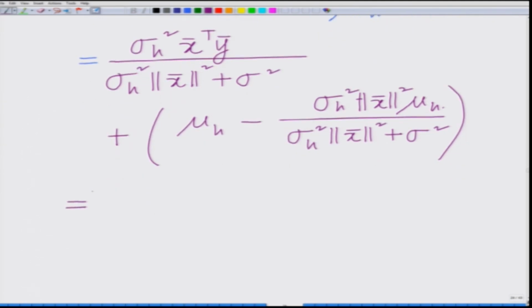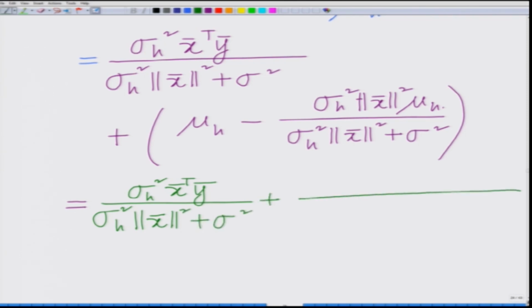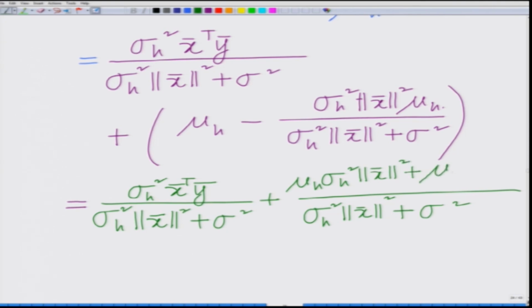When we simplify this, what we have is sigma h square x bar transpose y bar divided by sigma h square norm x bar square plus sigma square, plus, divided by sigma h square norm x bar square plus sigma square, mu h into sigma h square norm x bar square plus mu h into sigma square minus mu h into sigma h square norm x bar square.